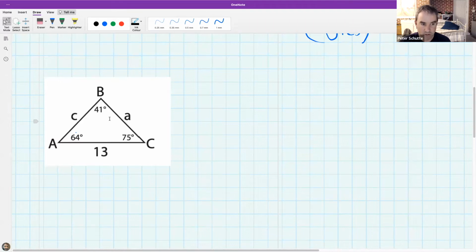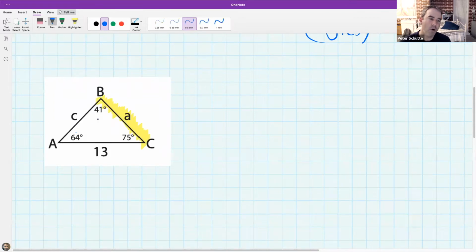Because there's no right angle, if I ask you to find one of the sides, say, for example, side A, you don't really have a way of doing that unless you know how to use the sine rule, or the rule of sines. And that's what I'm going to show you initially.